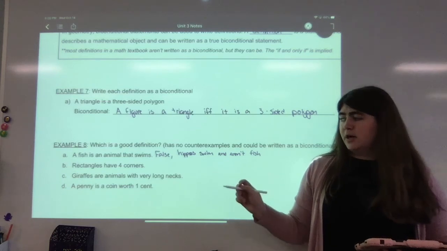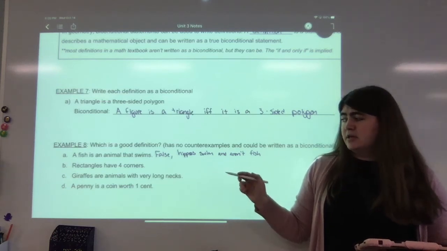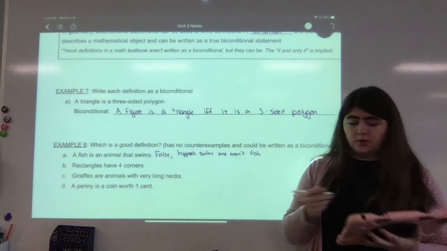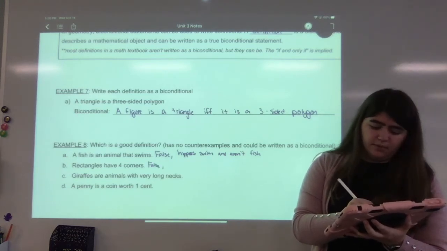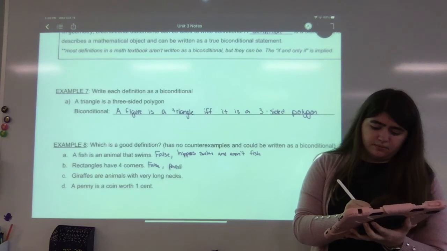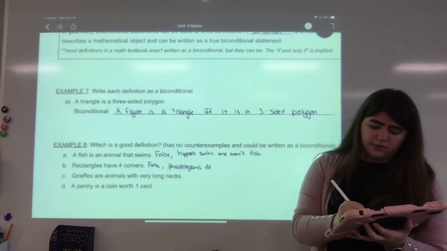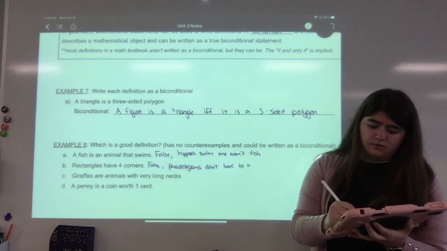Well, parallelograms don't have to have 90 degrees. So we're going to say false, parallelograms don't have to have 90-degree angles.